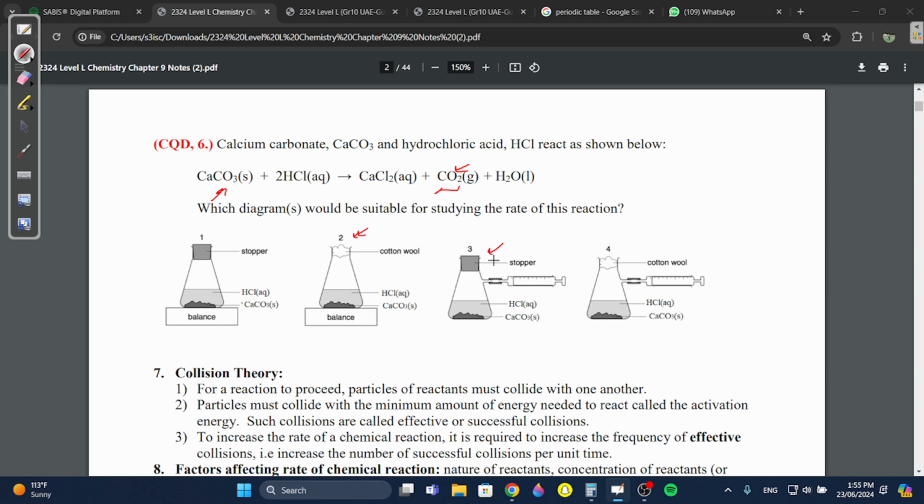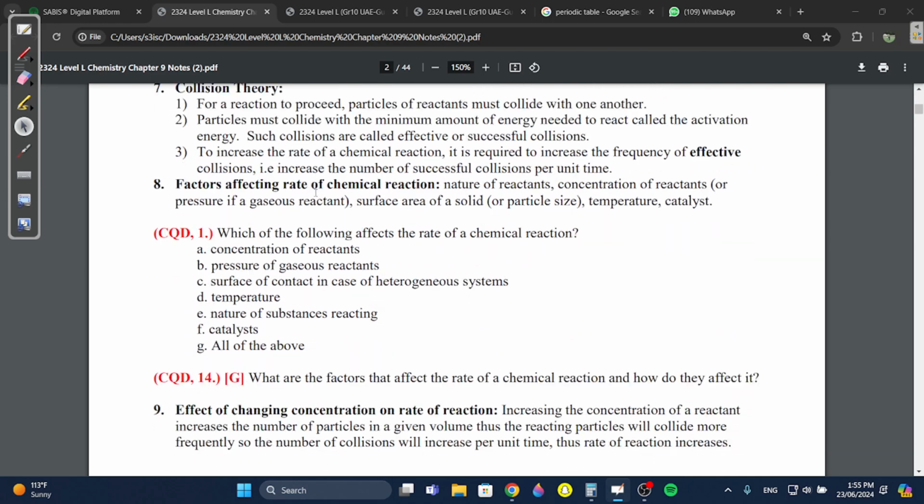But if it is with a gas syringe, you have to put a stopper to prevent the carbon dioxide from going all out, so it only goes inside the gas syringe, if you get what I mean. But anyway, these are both correct because they both can. This one measures the rate by studying the decrease in the mass of the reactants, and this one measures the rate by studying the increase in the concentration of the product, the gas released, which is carbon dioxide. If you get what I'm trying to say.